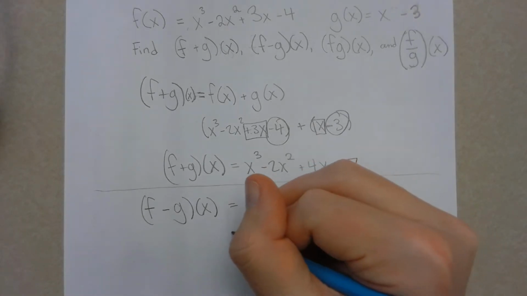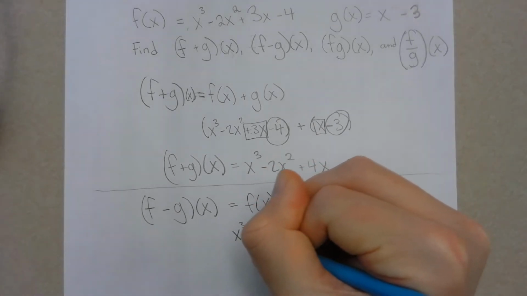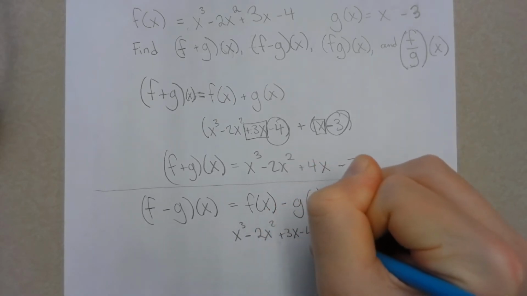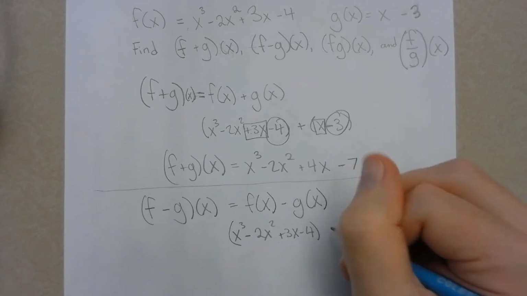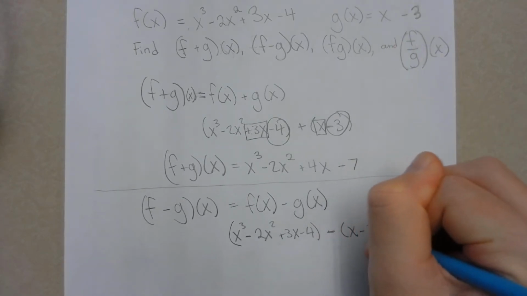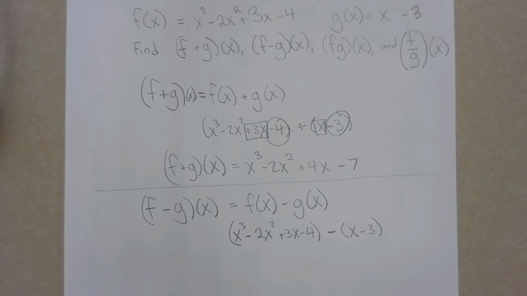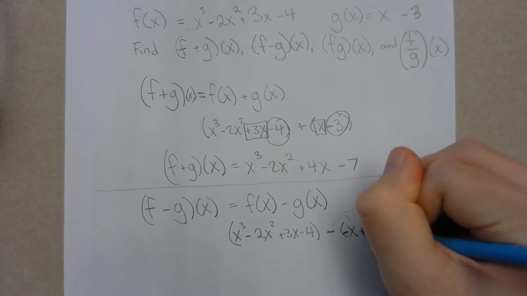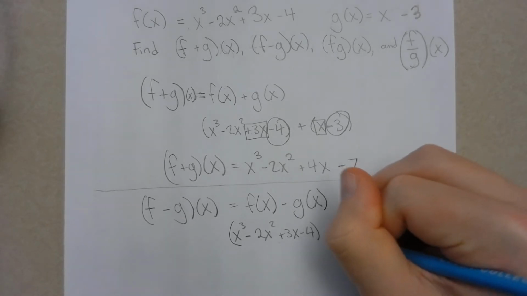We'll go ahead and fill it in. X cubed minus 2x squared plus 3x minus 4 minus g of x, x minus 3. Okay, we got to go ahead and distribute our negative sign here. So this is going to become negative x, positive 3. I'll change that.